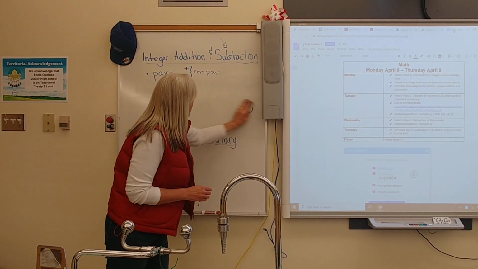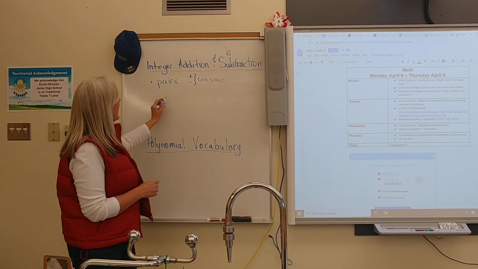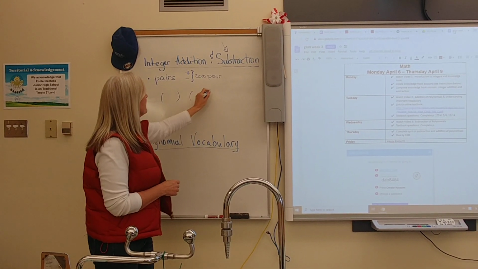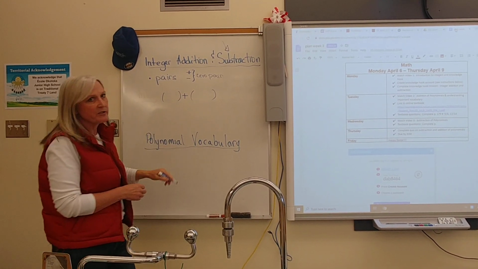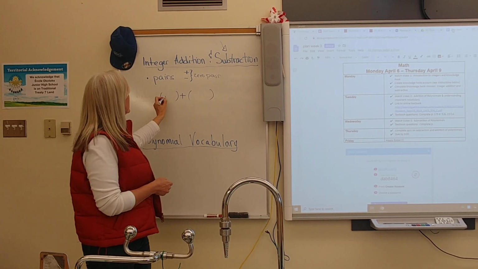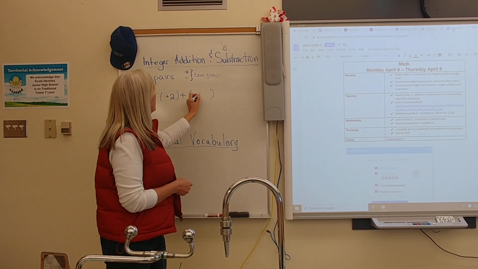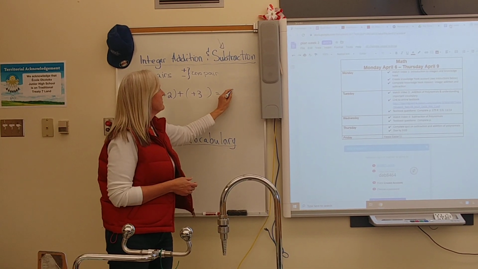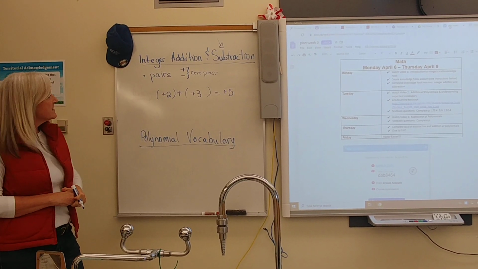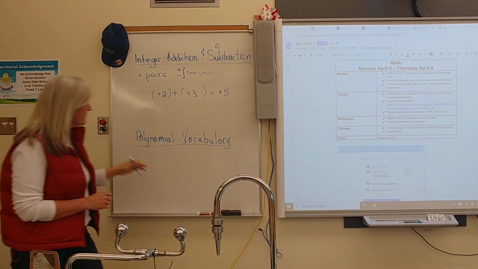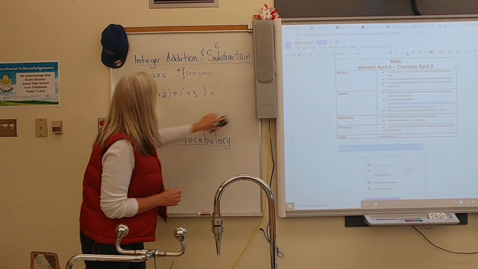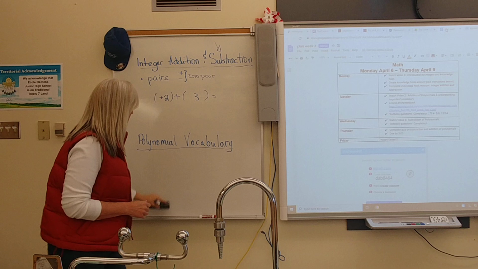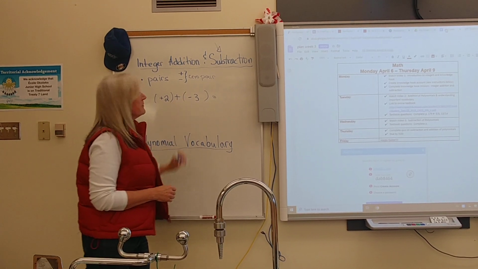When we're adding integers, it is very similar to just a regular adding question. We could have positive 2 and positive 3. That's positive 5. Simplest addition question for integers. We might, though, have positive 2 and negative 3.